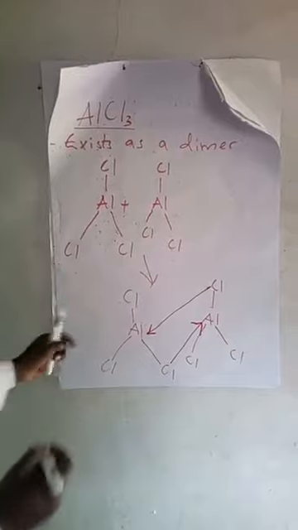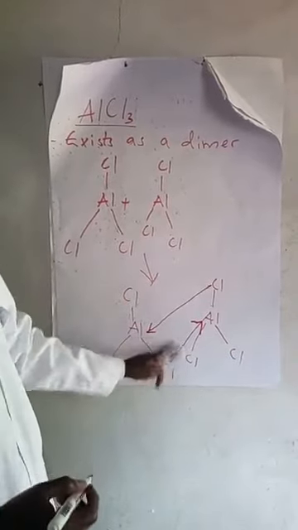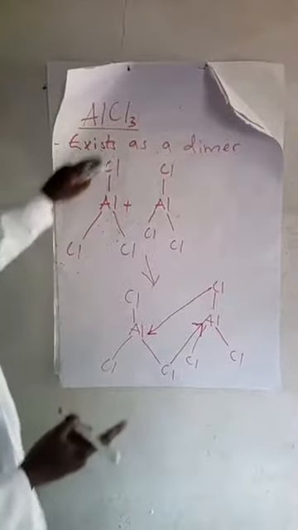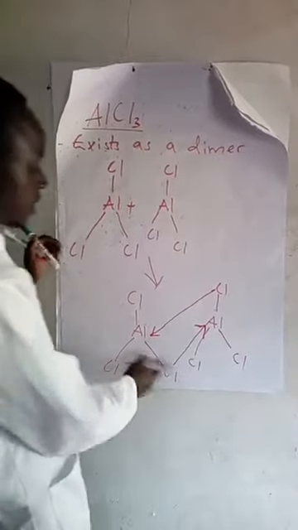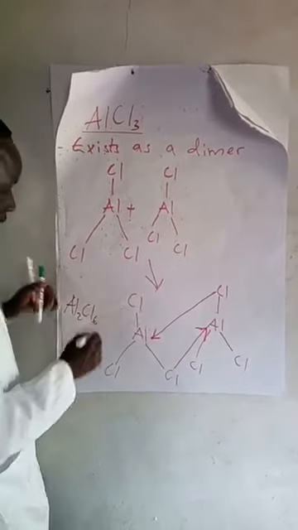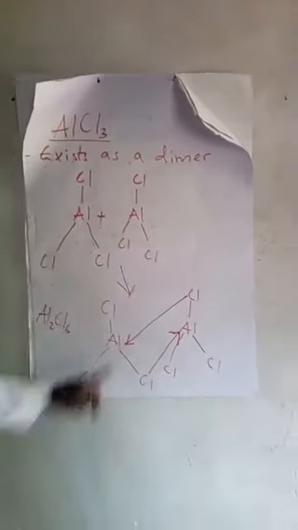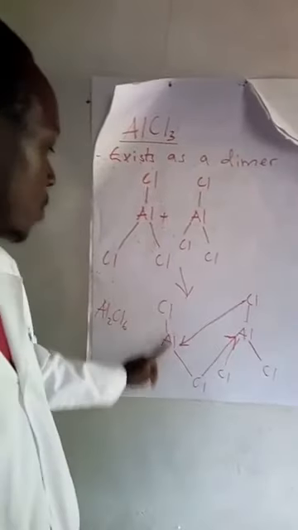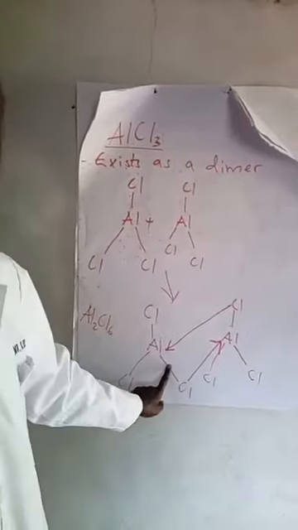So the aluminium chloride that forms here does not exist as a molecule like this. It exists as Al2Cl6, where each aluminium is attracted to 3 chlorines by covalent bonds.